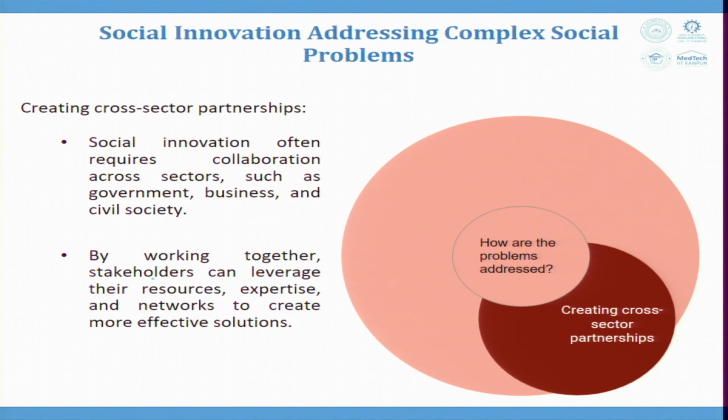Social innovation often requires collaboration across sectors such as government, business and civic society. This is what I have explained. For example, in Kanpur city, we are trying to develop innovative social solutions such that the crime rate can go low.